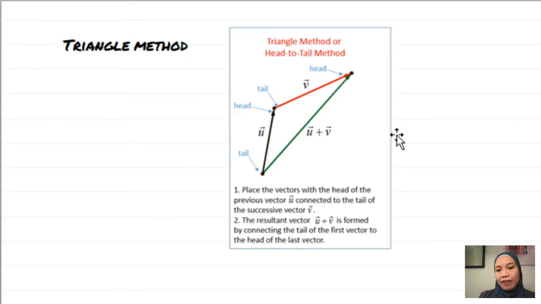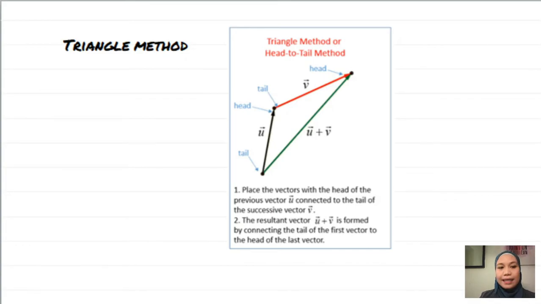So we have a very general solution here. You have the first force, and we have a second force. The second force is drawn from the head of the first force. And when you have drawn the first force and the second force, the resultant force is from the tail of the first force to the head of the second force.